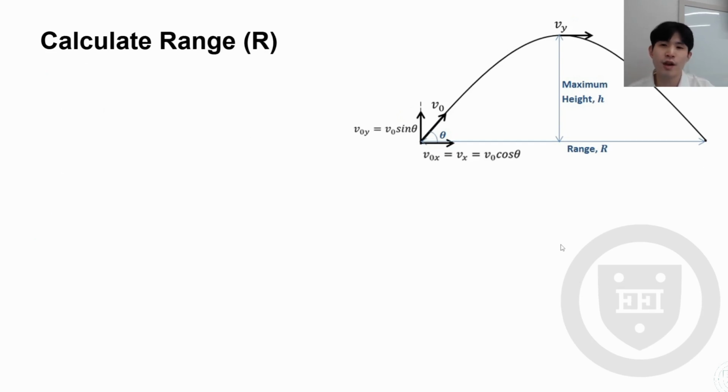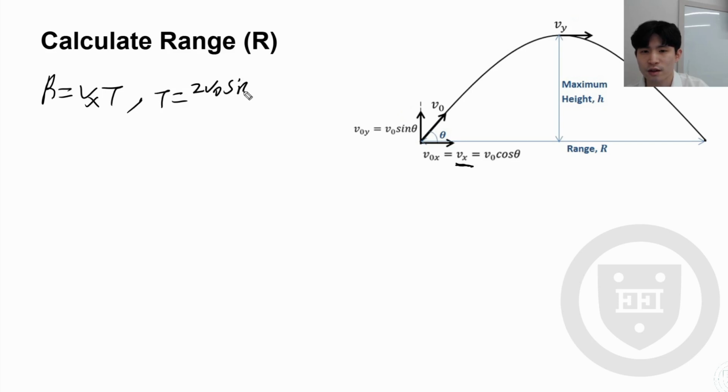Then let's calculate range. First of all, I told you that Vx is constant throughout the whole motion. So range can be just expressed as Vx times total time, where total time is 2V0 sine theta over g.